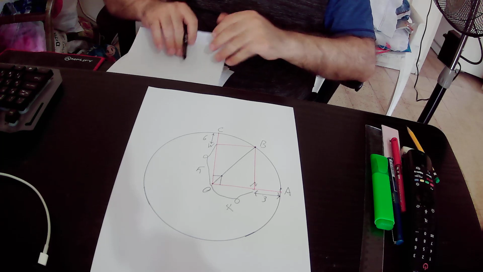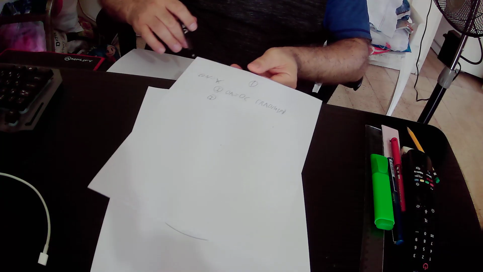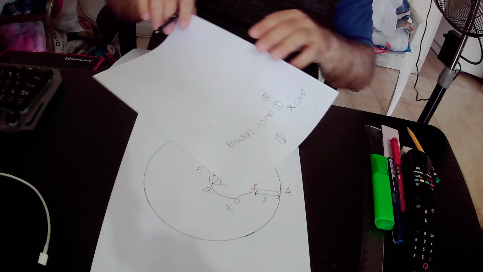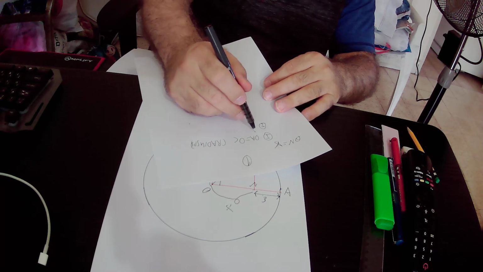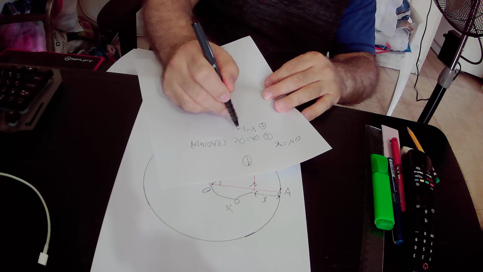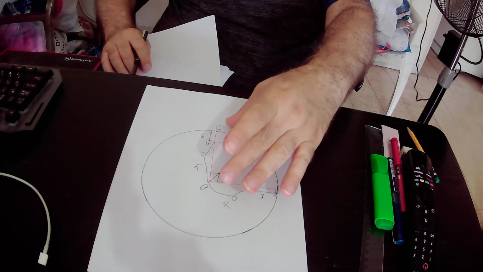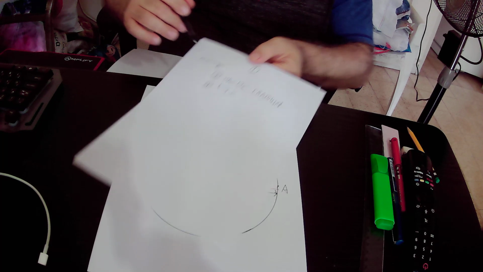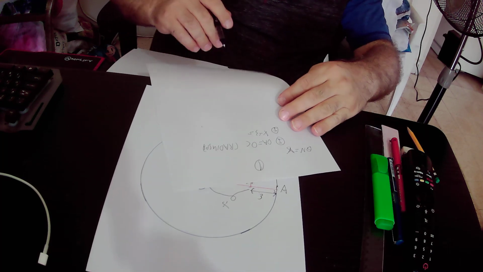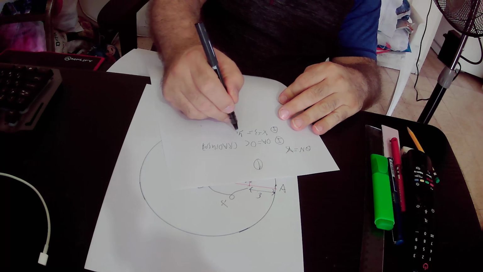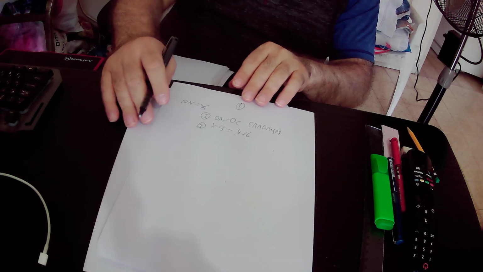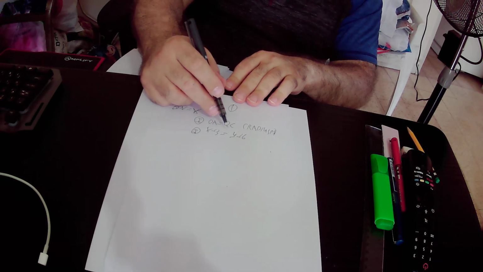So we can substitute OA in the first equation by x plus 3, and OC equals y plus 6, so we can substitute OC by y plus 6. So we got equation number 1 that states that x plus 3 equals y plus 6.